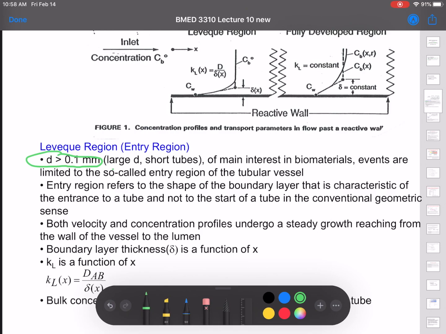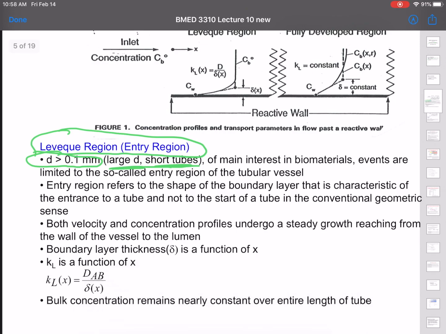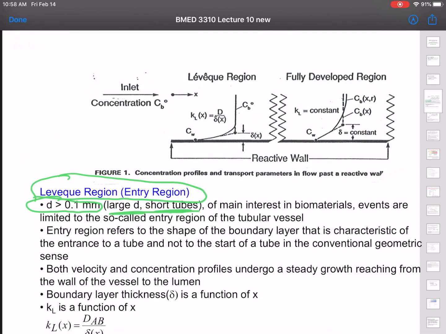So if you have a large diameter or a short tube relative to the diameter, then probably everything's going to be in the entry region. That makes sense because it just doesn't go far enough to develop that stable, fully developed flow. And just think of it in terms of diameters. How many diameters downstream are you?